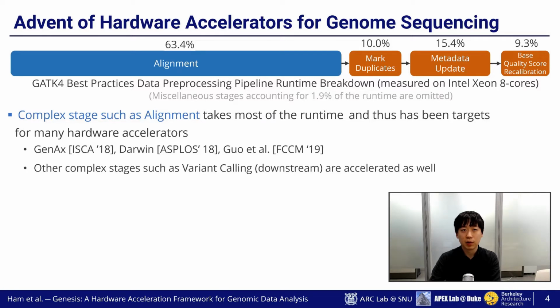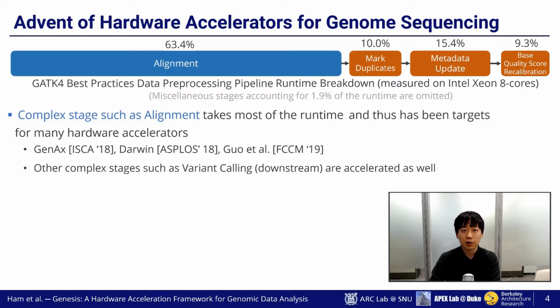For example, Darwin, published at ASPLOS 2018, achieves 15,000 times speedup over software run on CPU platforms for long reads produced from Oxford Nanopore Technologies. And GenAx, published at ISCA 2018, achieves over 200 times speedup for short reads produced from Illumina instruments.